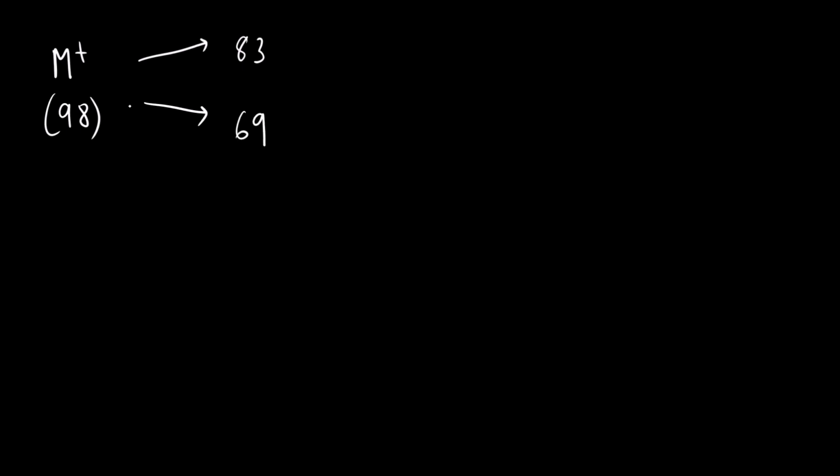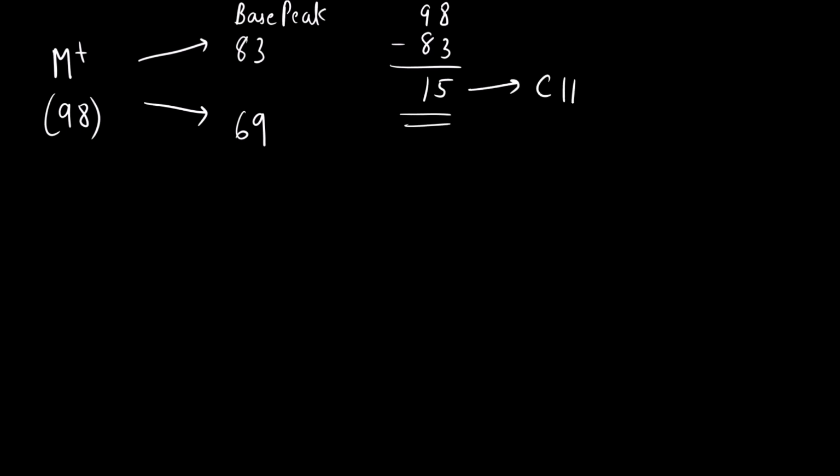Always remember, you subtract the masses of the base peak and the molecular ion peak, and you can come to know which fragment is broken. So 98 minus 83 is 15, and we know 15 is a fragment corresponding to carbon 12 and 3 hydrogens, that is, methyl.